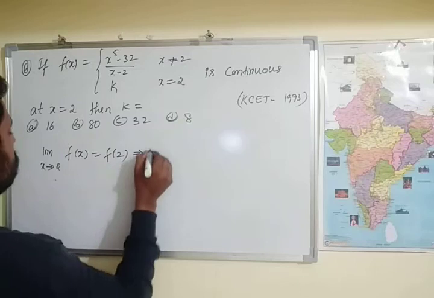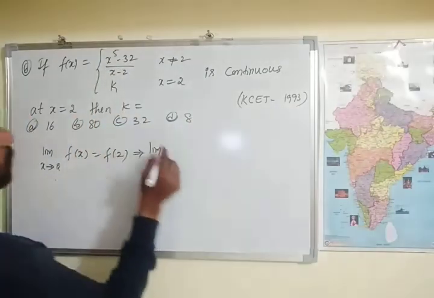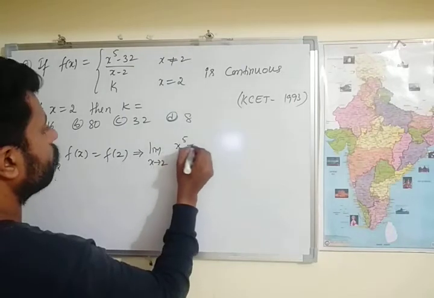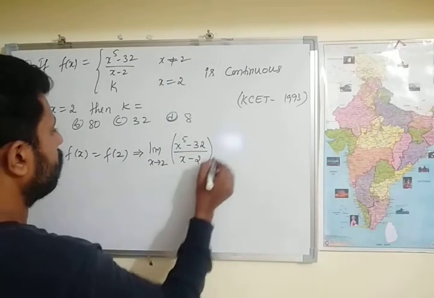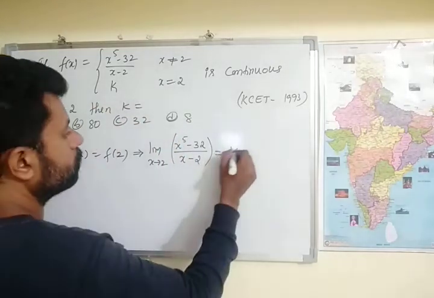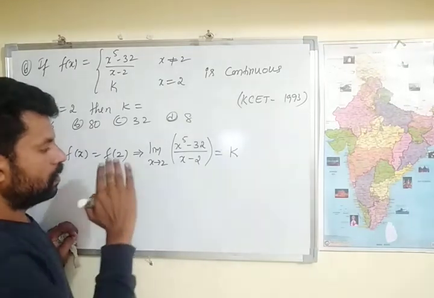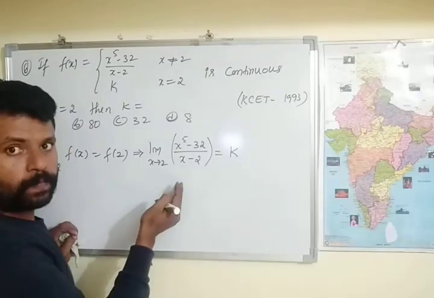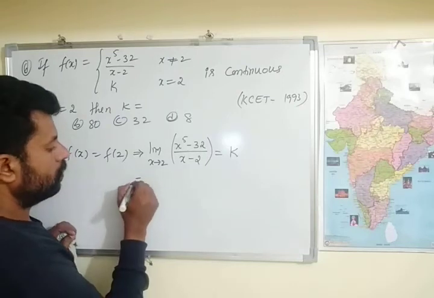This implies limit x tends to 2 of f of x, substituting x to the power 5 minus 32 divided by x minus 2, is equal to f at x equal to 2, the function value is k. Next, since x approaches 2, we substitute 2 in place of x.